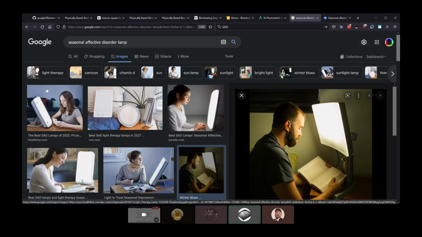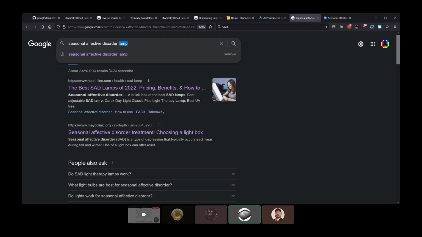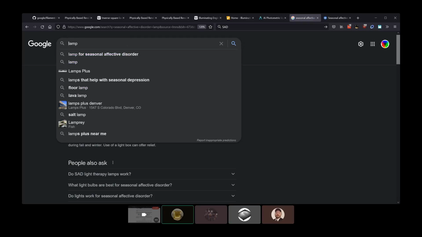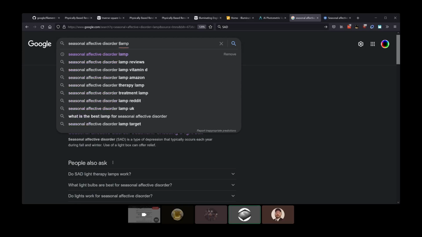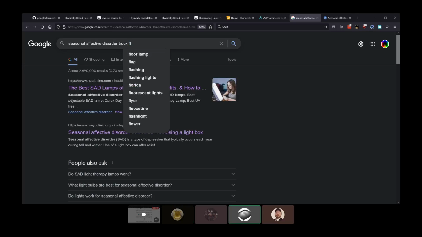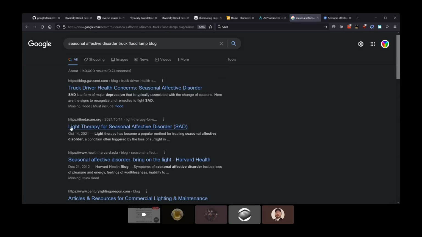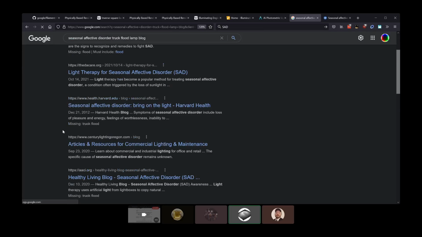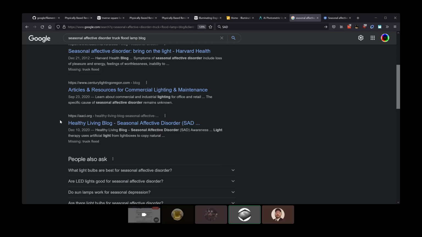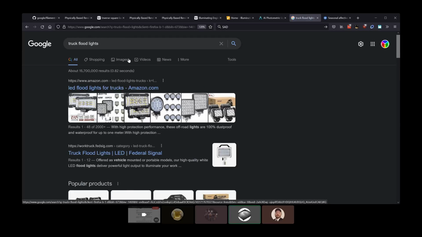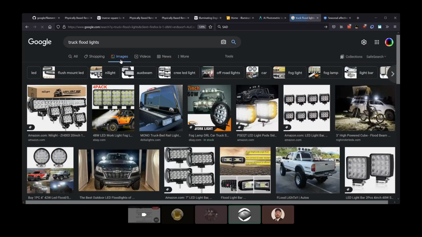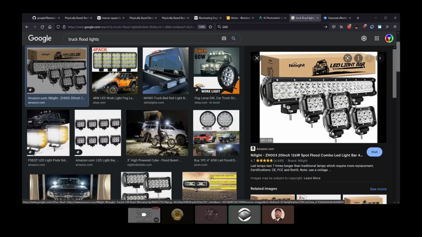I was reading a blog post of a person. Actually, I'm just gonna search truck driver blood lamp blog. Maybe I'll find it. Basically, it was just this guy's blog, and they found that these light bars were the best because you could get one of these long bars here.